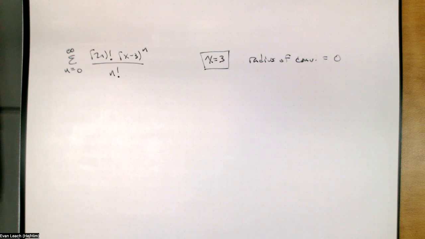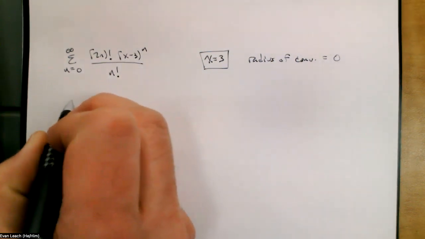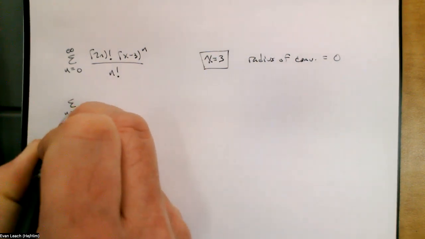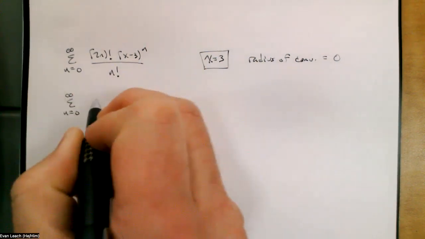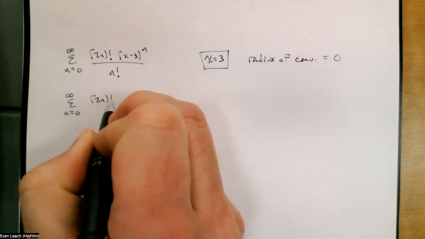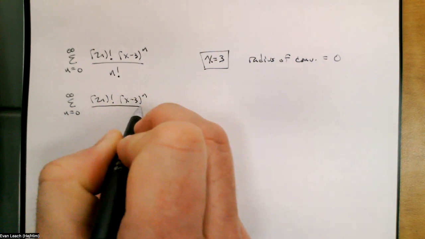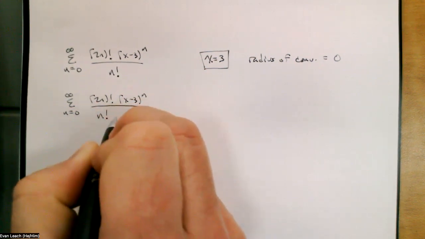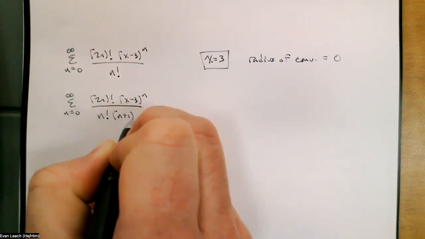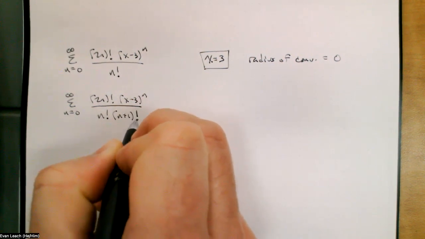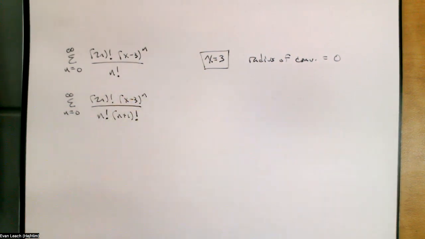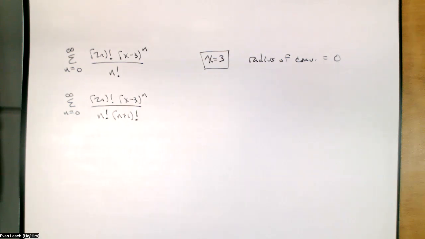We didn't have enough factorial to balance stuff out. Clearly, what we need is more factorial.